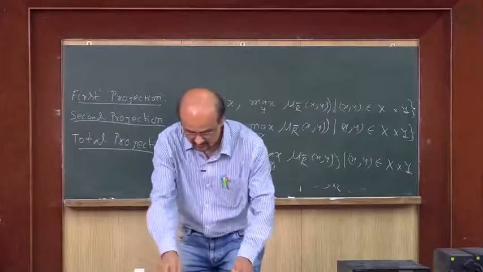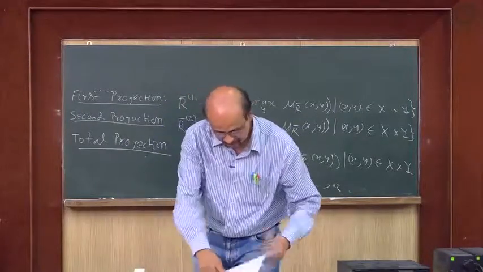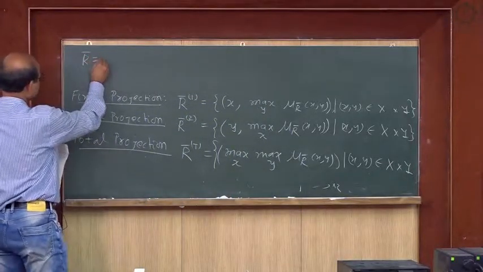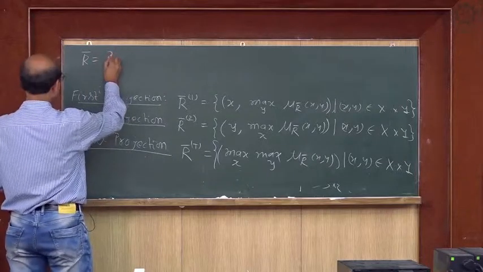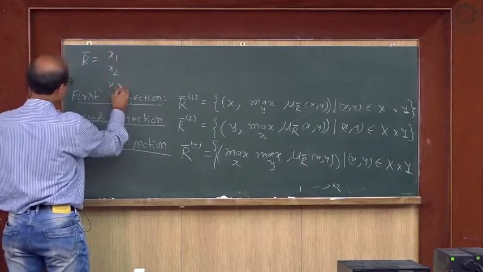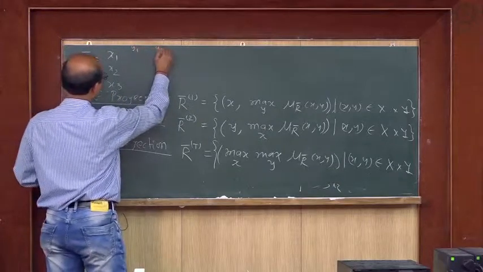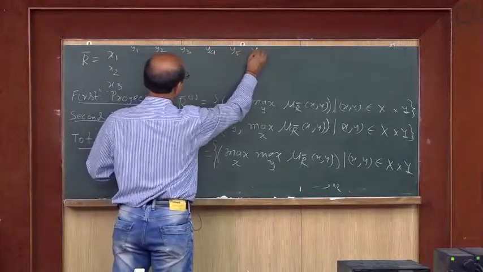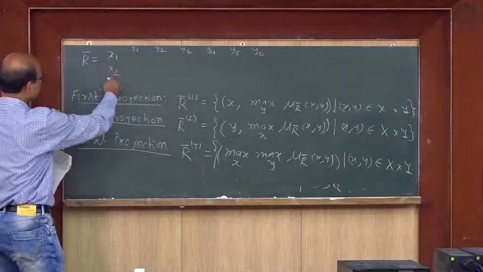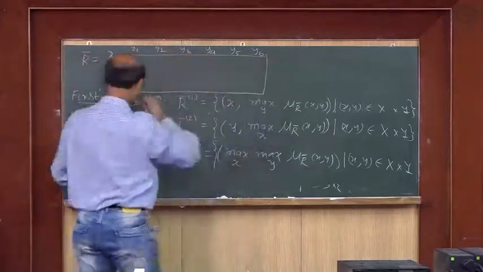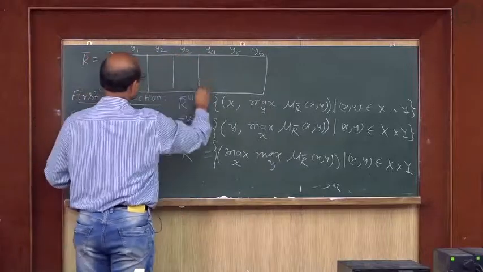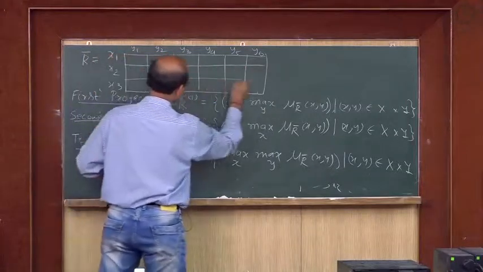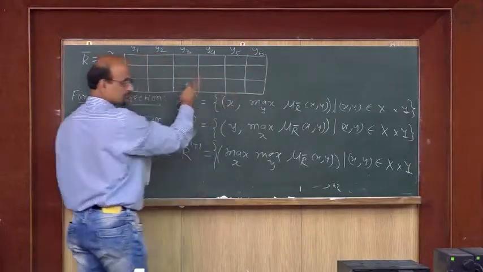Suppose I have this relation given for x1, x2, x3 and y1, y2, y3, y4, y5 and y6. This is your X, this is your Y. I have y1 to y6, and these are your x values. These are all membership functions, remember.